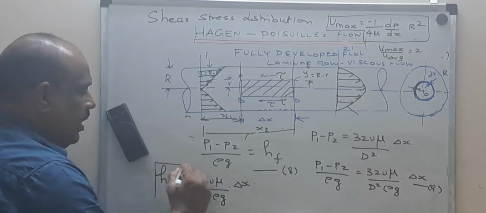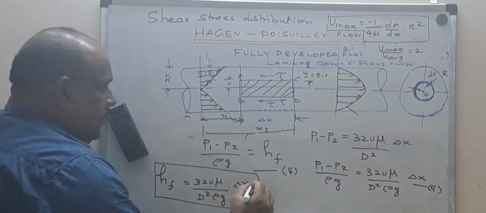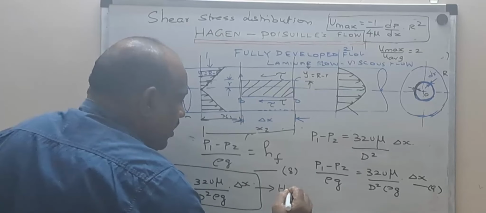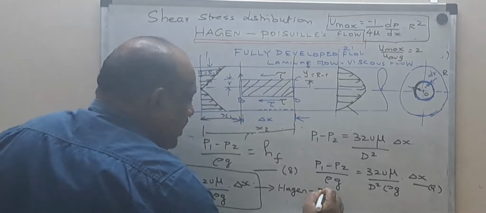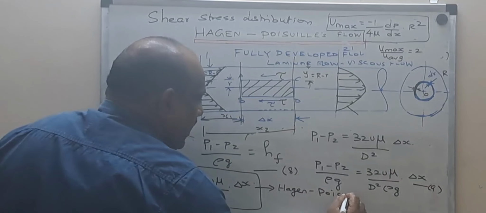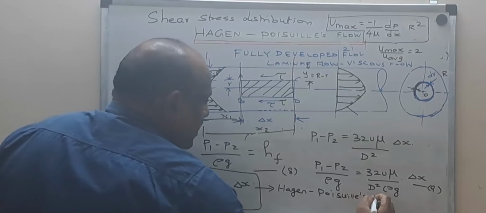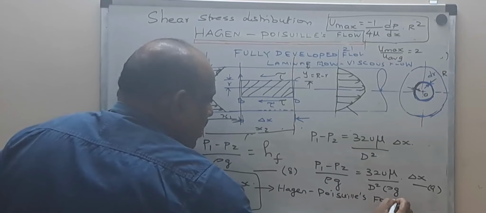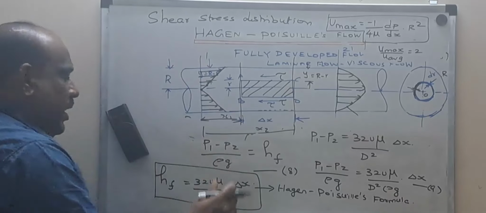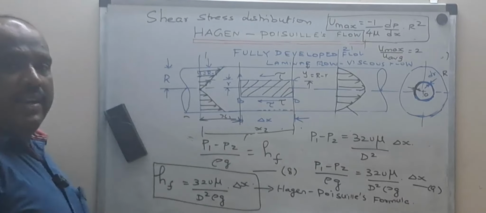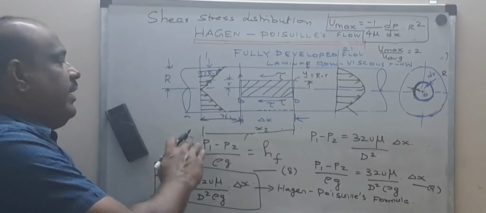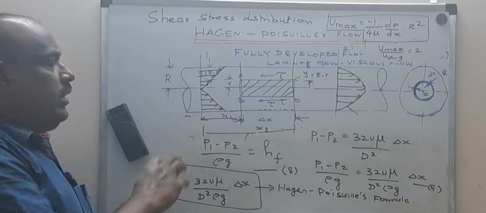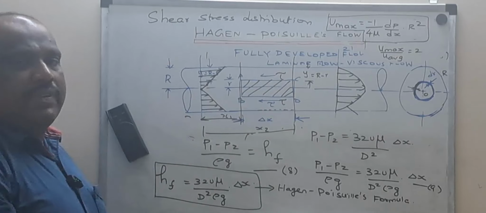This particular formula is known as Hagen-Poiseuille's formula. This formula is able to find the head loss through the pipe flow when the viscous effect dominates.